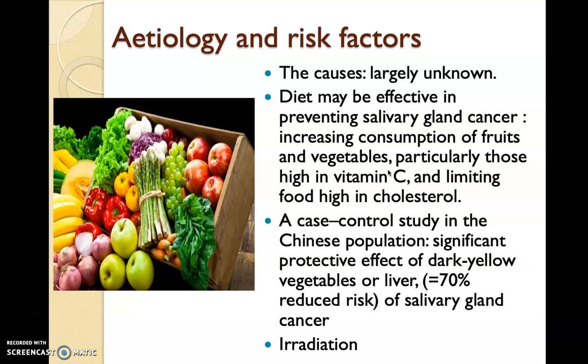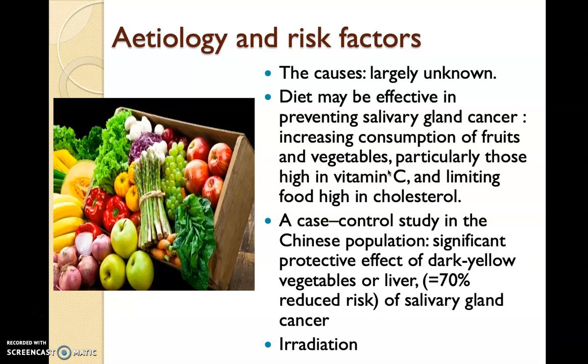Red meat, you can eat it, but it's not quite good for you. It actually cannot prevent the cancer from happening. Okay, so there's a case control study in the Chinese population. They said dark yellow vegetables or liver, but I'm not very sure about the liver, but it mentioned liver, it can reduce the risk of salivary gland cancer.